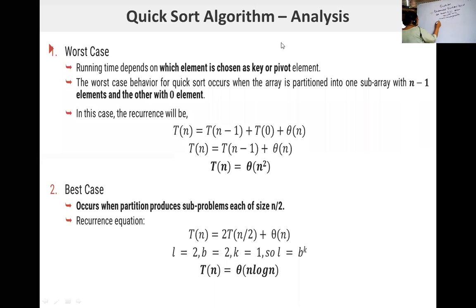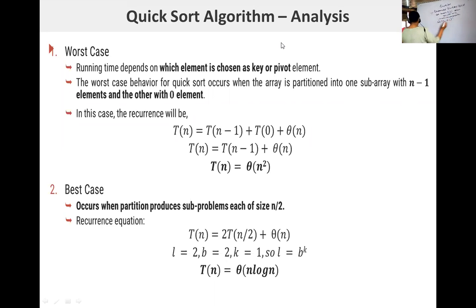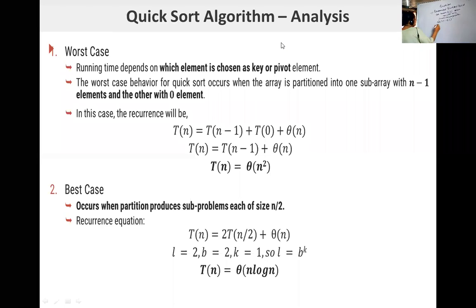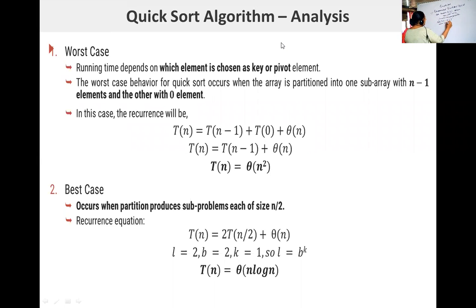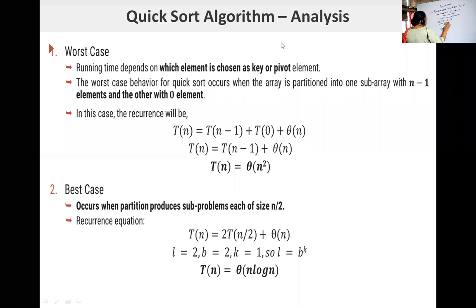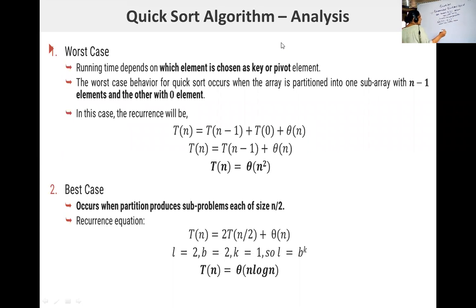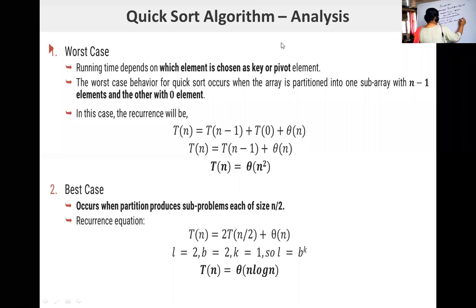Then set Q P equal to Q of I, that is, return the index value of the pivot. We have found the pivot, you will return the index value of the pivot to QP.